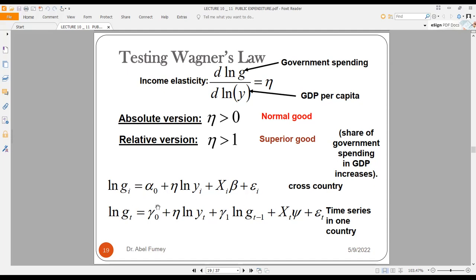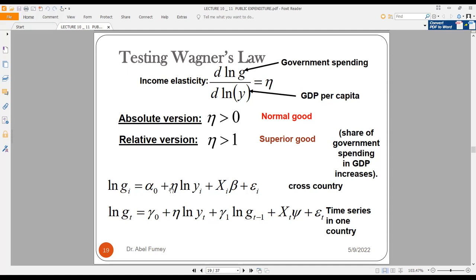Now, this is a time series regression model of government spending against GDP per capita. So the income elasticity here is going to measure the percentage change in government spending as a result of a percentage change in per capita income.